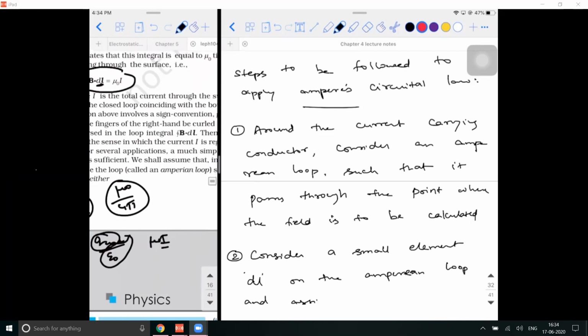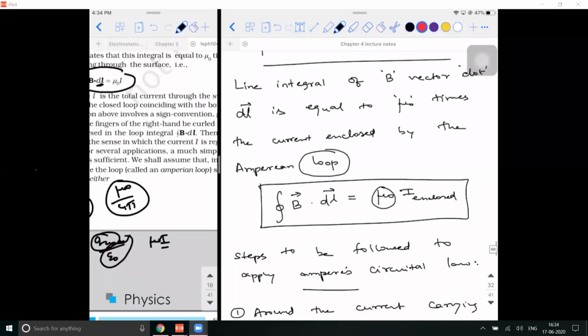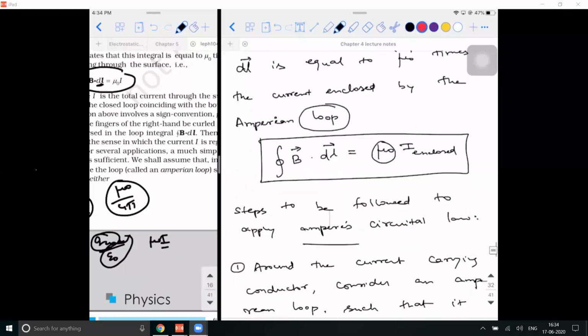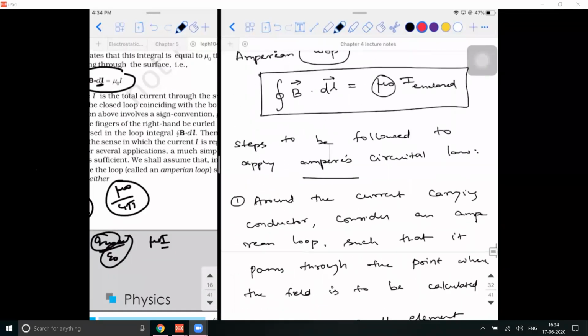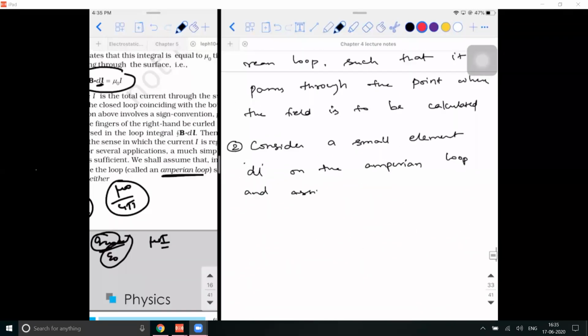Then assign a direction to it. How do you assign the direction?